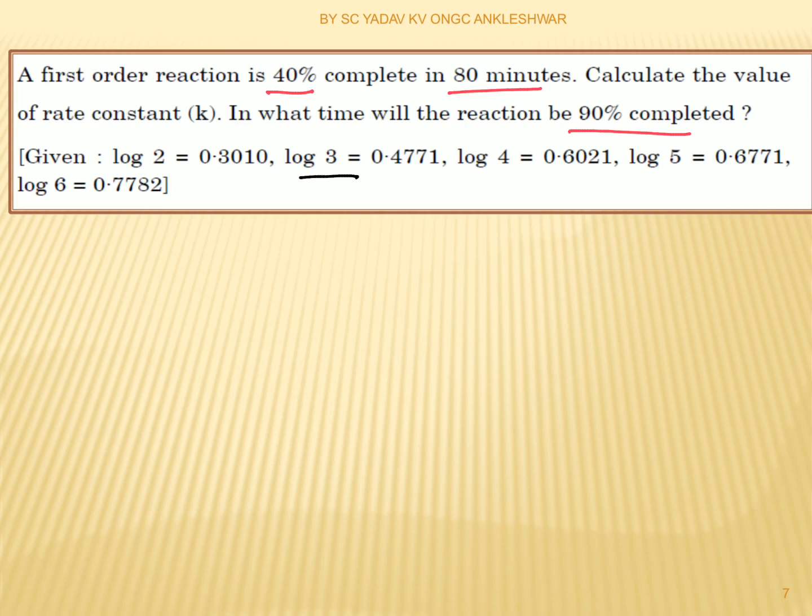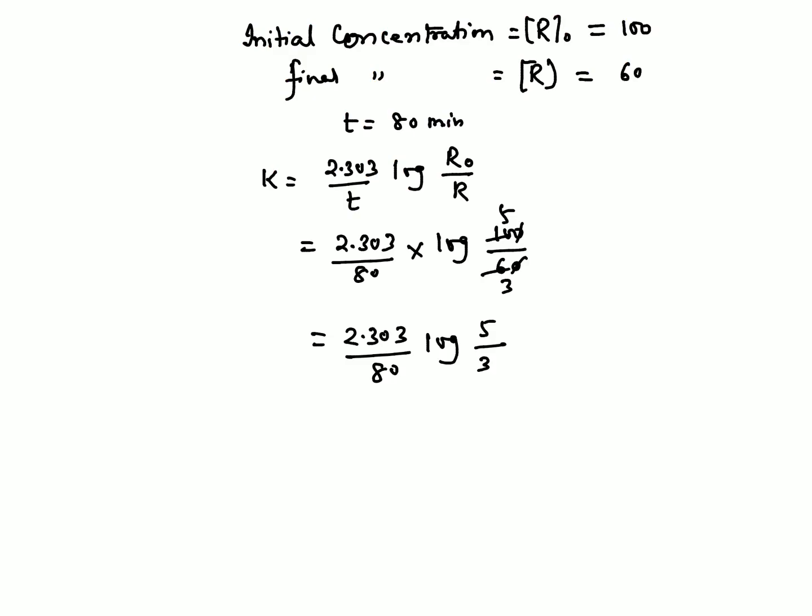Just see, in the numerical problem the value of log 3 is given, the value of log 5 is given. Just put these values in the given equation. So now 2.303 by 80 into log 5 minus log 3. Put the value of log 5 and log 3.